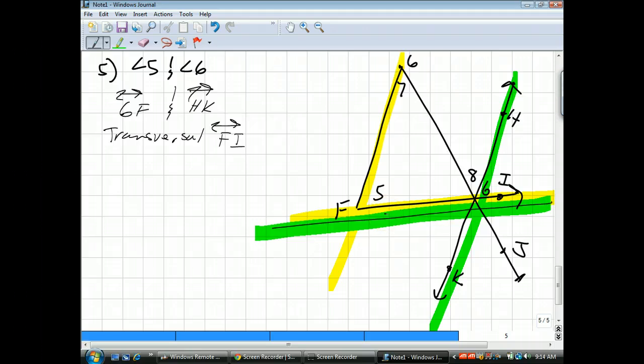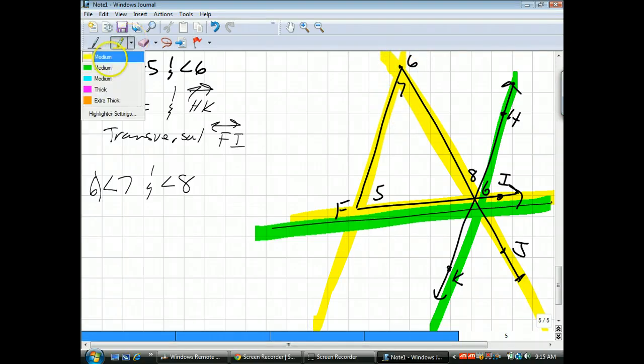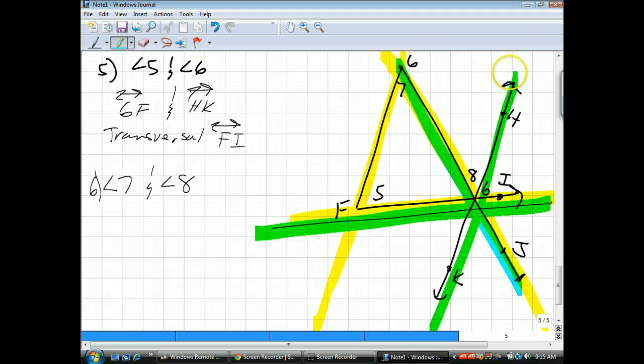Okay, so what if we want number 6, angle 7 and angle 8? Okay. So 7 is made up of this line and this line. Angle 8 is made up of this line and this line.